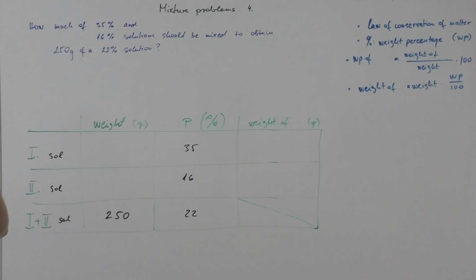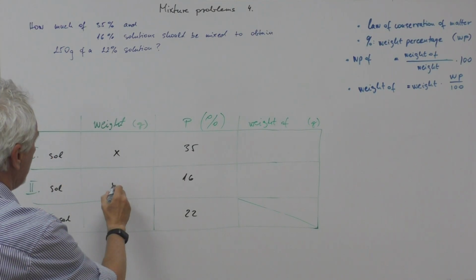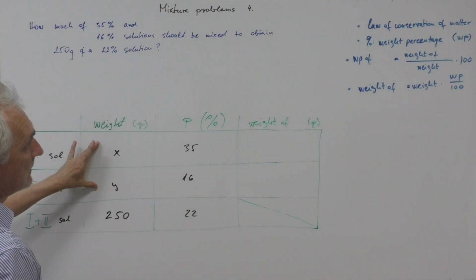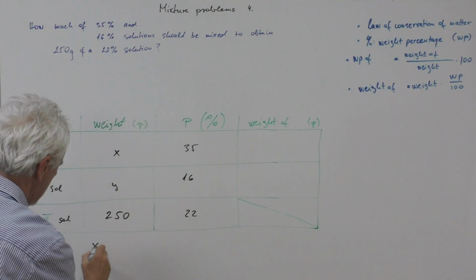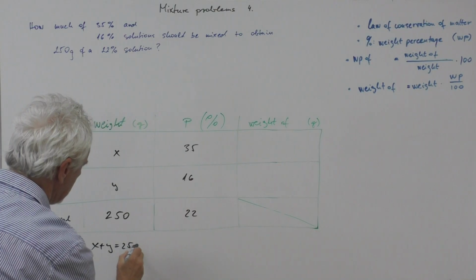So the question: how much? Let's call this one x, and this one y. Because of the law of conservation, the sum of these two, that is x plus y, is going to be 250.